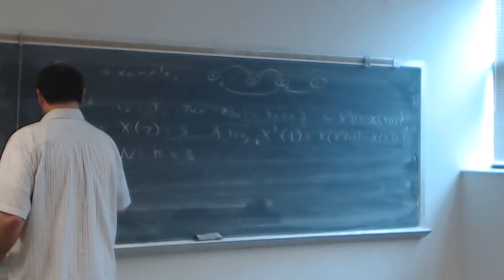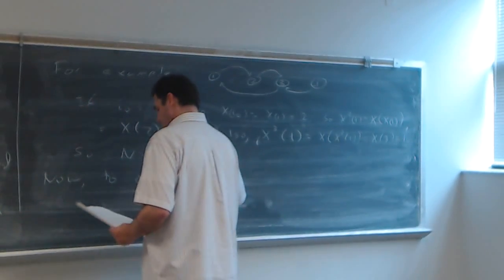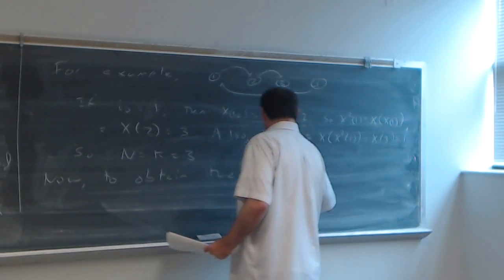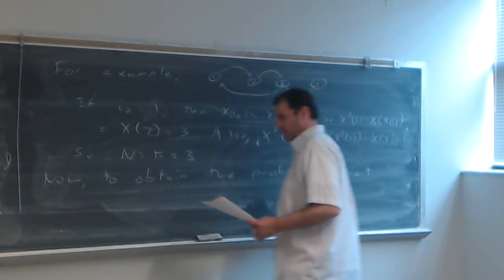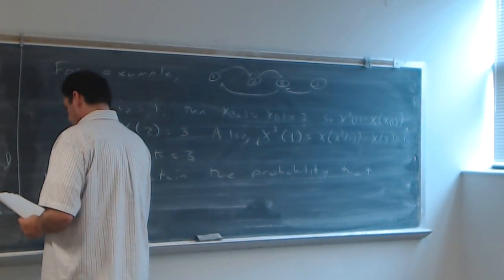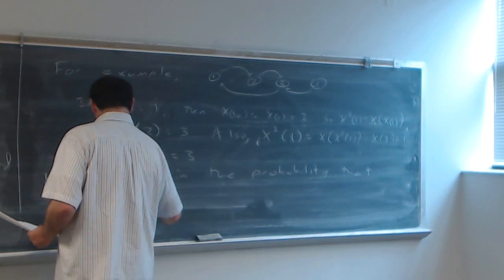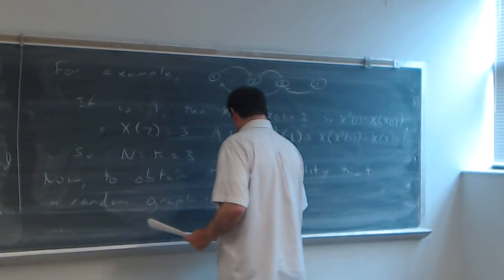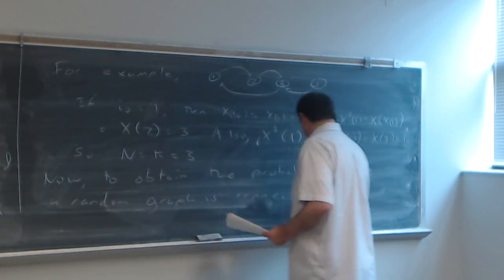Now, to obtain the probability that a random graph is connected, we condition on n.